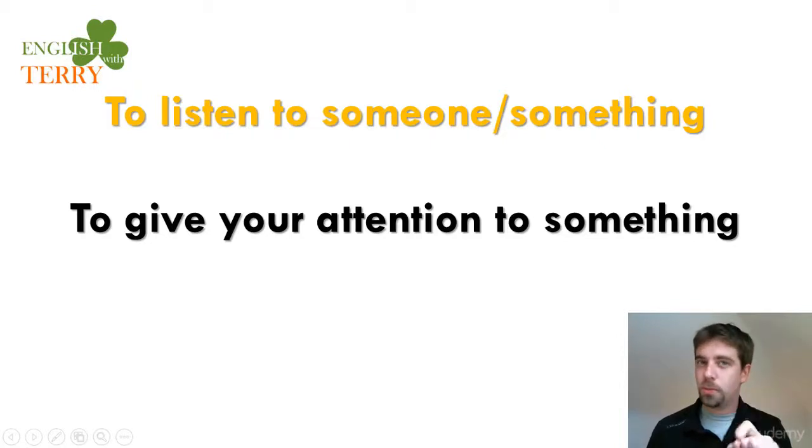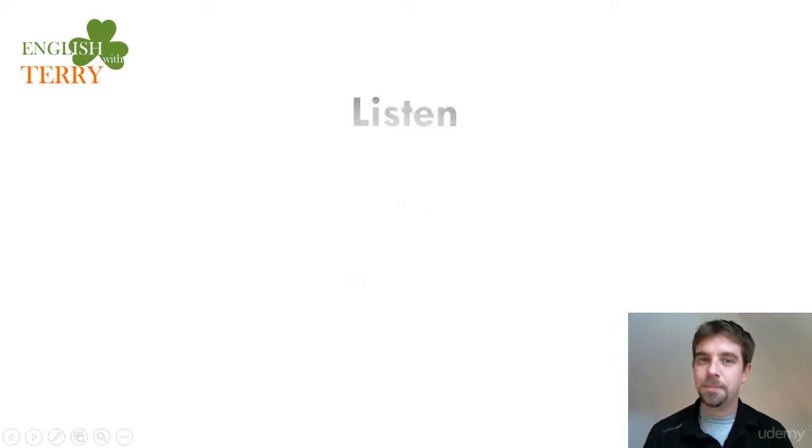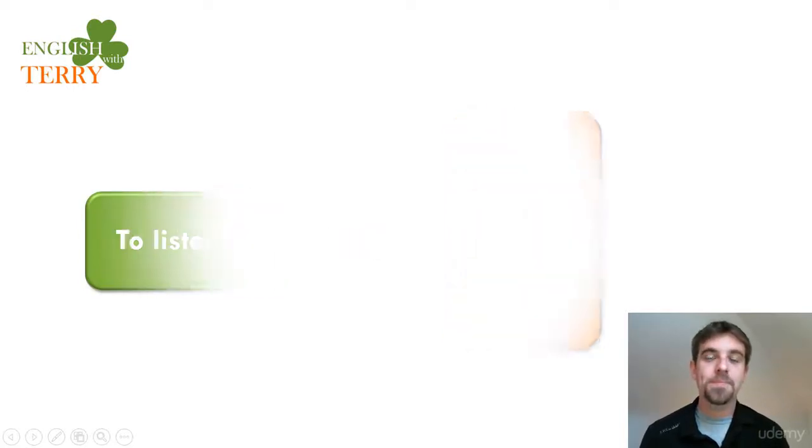Always with the word to. Now, in the word listen, the T is silent. So we do not pronounce the T: listen. To listen to me, you, him, her, us, them.